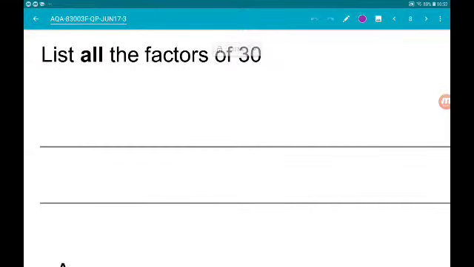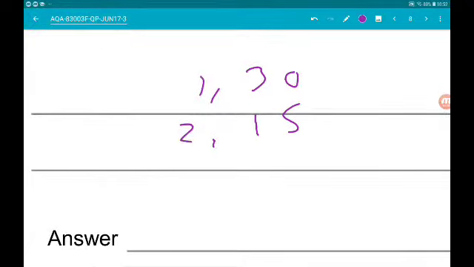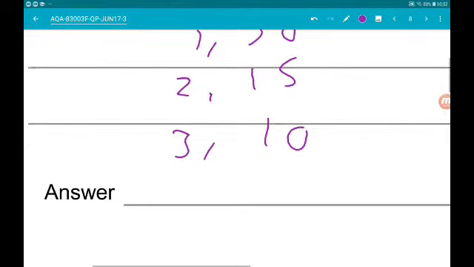We've got 1 and 30, 2 and 15, 3 and 10, and then 5 and 6. So the next one to try on the left would be 6, but we've got 6 on the right. That tells us we've got them all.